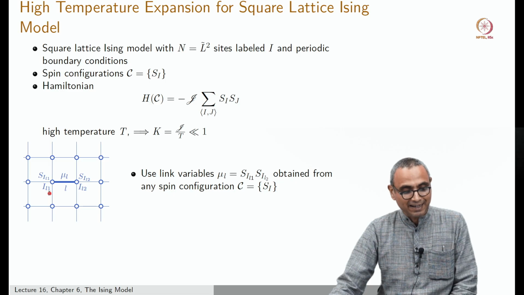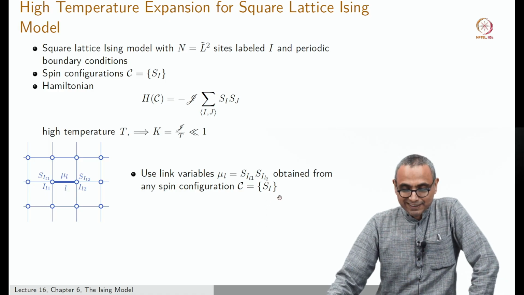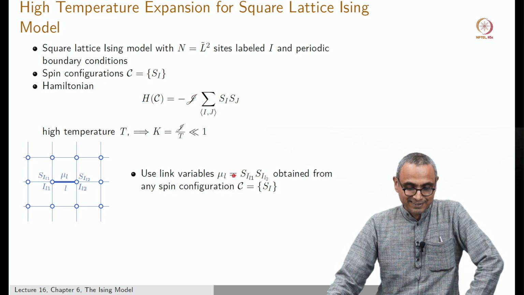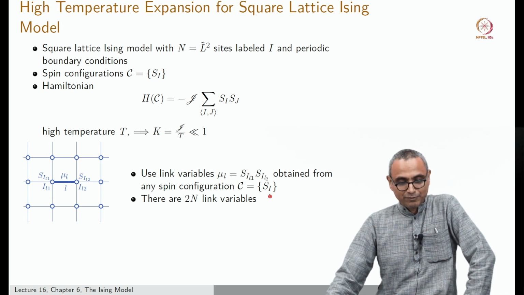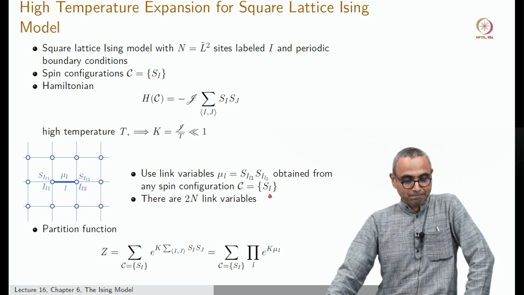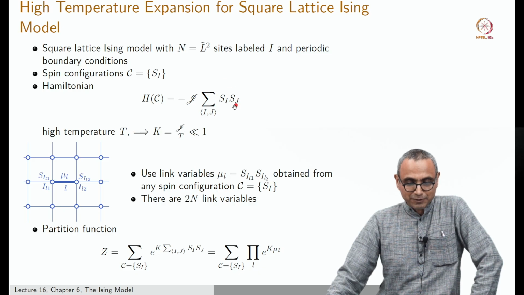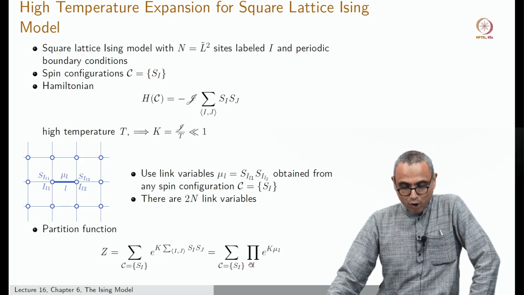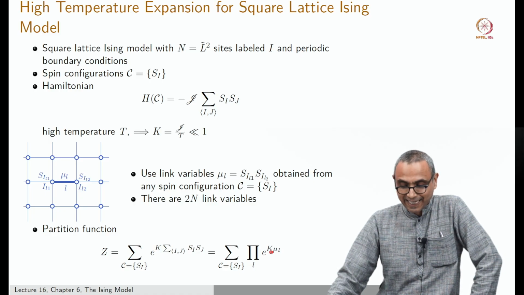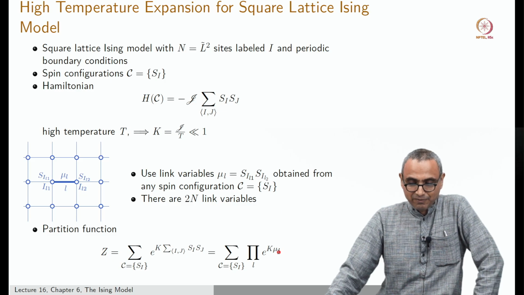I'm calling i_L1 and i_L2 the sites that terminate the link L. If you give me a spin configuration, I will tell you all the link variables by doing this calculation, and there are 2n link variables. This is fairly obvious. We have also seen this when doing the duality calculations. The partition function, which is originally written in terms of the sites, we can now write as a product over all links of exponential of the coupling constant K times the link variable. This is something we have seen when we were studying duality.